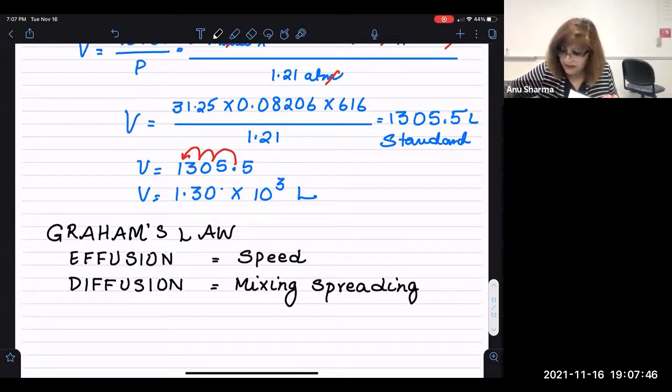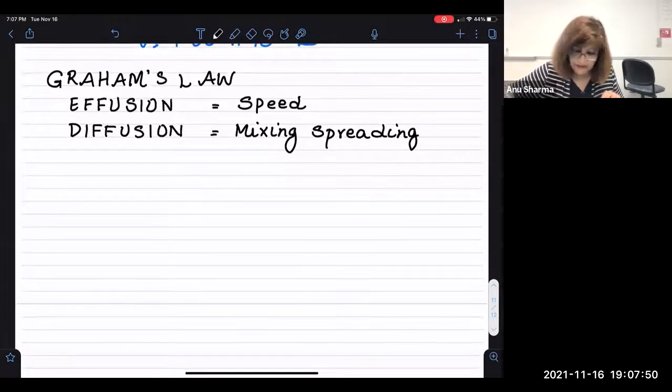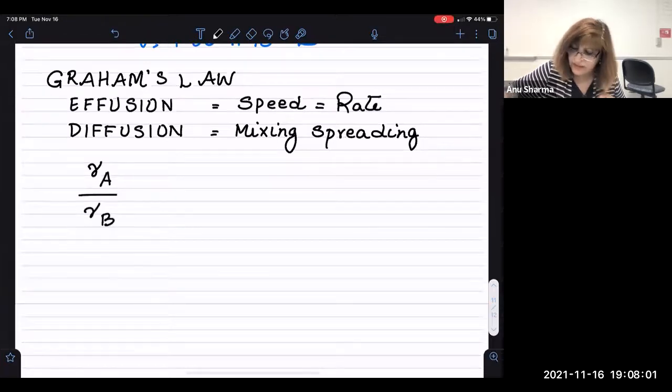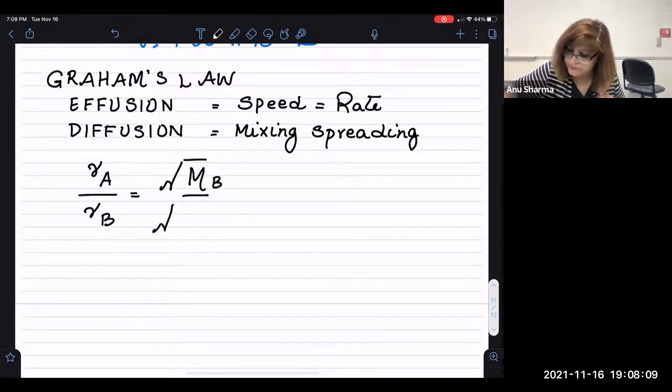So we calculate that speed, which is also called the rate. So the rate of gas A over the rate of gas B, a ratio, is equal to the square root of the molar mass of B over the molar mass of A.